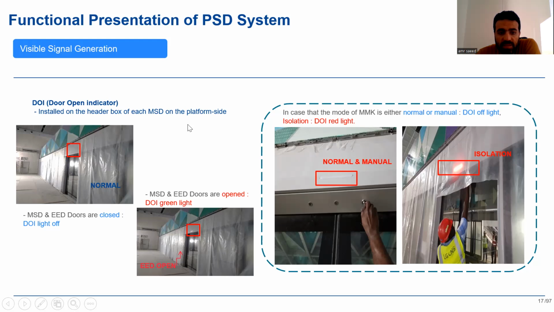When everything is okay, meaning MSD and EED are closed, you will find this door open indicator is off. When anything is not okay, you will find it green. When it's isolated, you will find it red light.